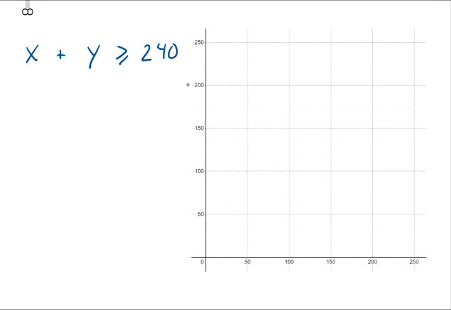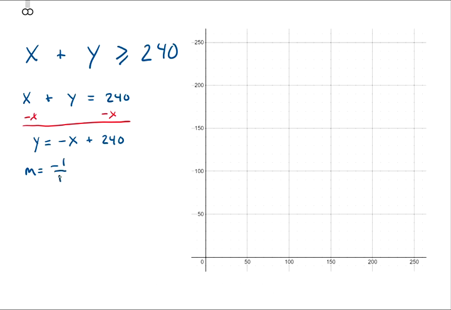And we could say x plus y equals 240. Subtract x from both sides. We'll have y equals negative x plus 240. So the slope is negative 1 over 1, and the y-intercept is the point 0, 240.